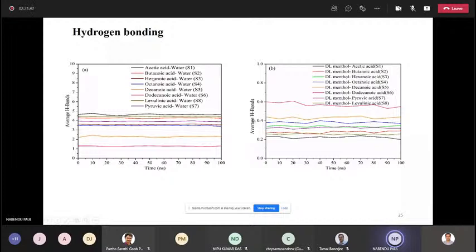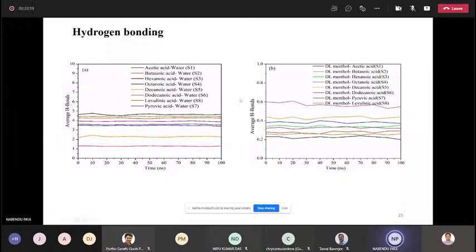So it is following the similar trend that we found in interaction energy, which supports that the DES integrity in the case of acetic acid, butanoic acid, pyruvic acid, and levulinic acid can be disrupted due to the higher number of hydrogen bonds formed between the HBD and water molecules, for which the interaction is also higher, which in turn gives us the idea of why the DES molecules are disrupted in the aqueous media.